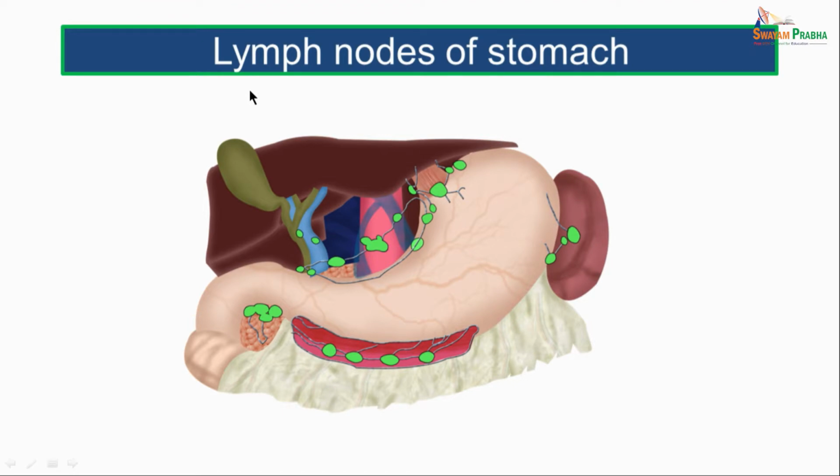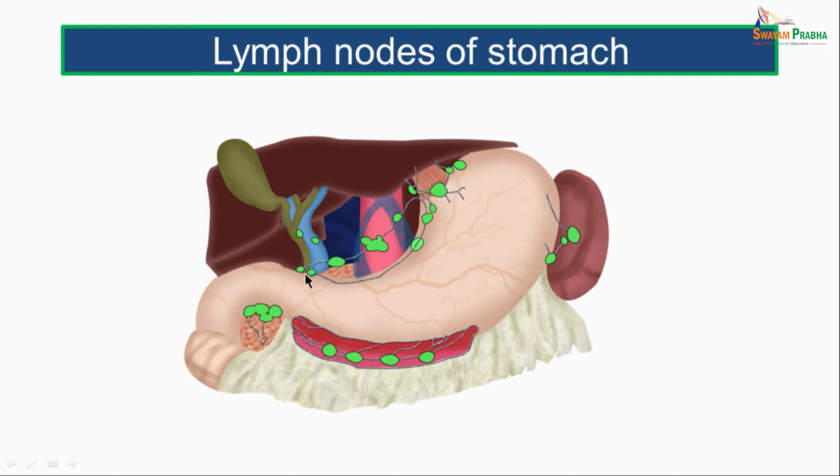Another picture to show the various lymph nodes around the stomach. Near the fundus, the short gastric lymph nodes. Along the hilum of the spleen, we have the splenic lymph nodes, and the right and left gastroepiploic lymph nodes along the greater curvature. Just below the pyloric antrum are the pyloric group of lymph nodes.